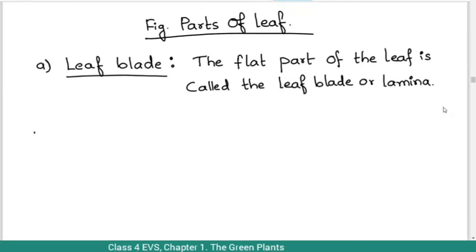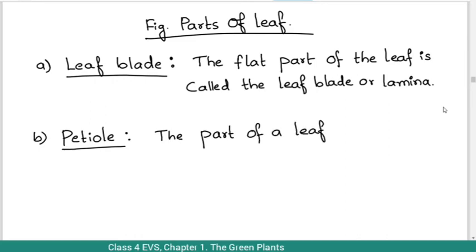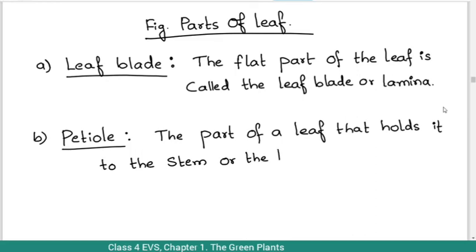Second one, petiole. It is the part of a leaf that holds it to the stem or the branch of the plant.